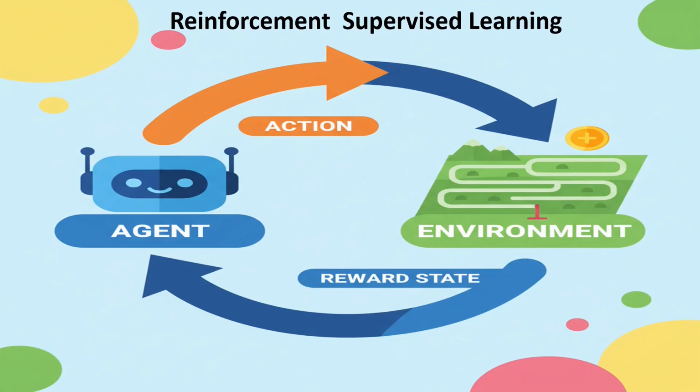So when an agent is moving towards a correct prediction, it gets a reward, and when it goes in the wrong direction, it gets a penalty. By this reinforcement learning, it is able to learn what exactly is the best strategy to maximize the reward. For example, we know about self-driving cars.